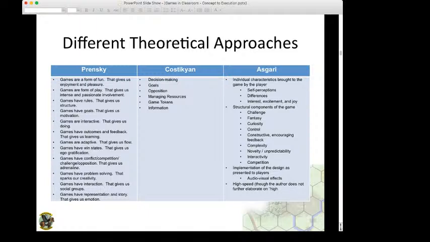That's from his column, I Have No Words and I Must Design. But Asghari's got another one, describing the structural components in greater detail. Prensky is another fairly well-known one. Games have rules, games have goals, games are interactive, they have outcomes and feedback, they are adaptive. So these are a couple of examples of theoretical approaches, but again, not intended to be all-encompassing.